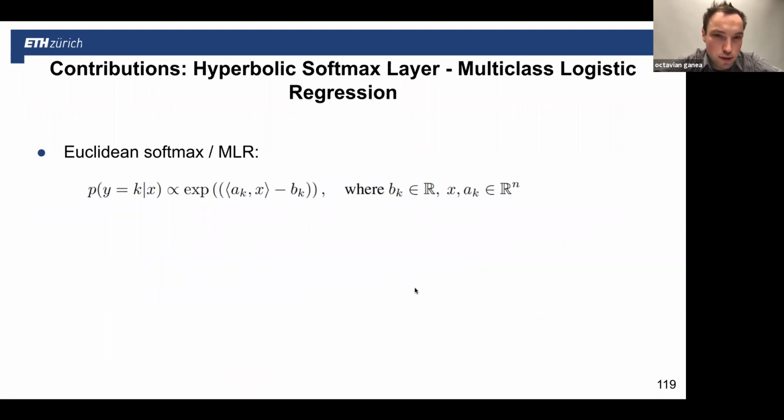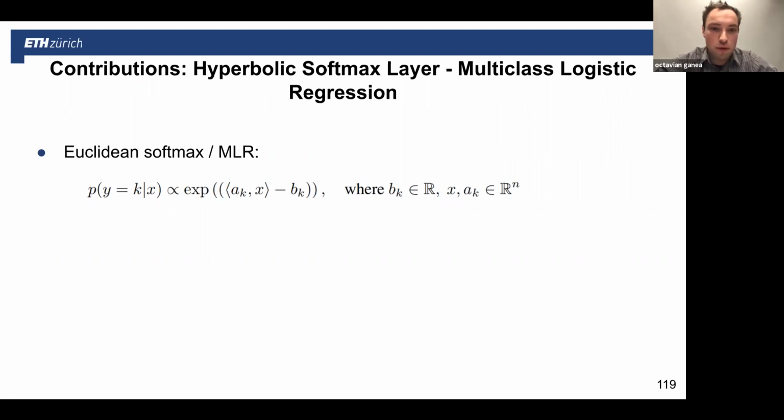What we have to do next is to generalize the softmax layer, or so-called multi-class logistic regression. And here we followed previous work and took a different view on the softmax layer. Let's say we have data X and it can have one of the K classes. In the softmax layer, we apply a linear layer and then we apply the standard softmax function.